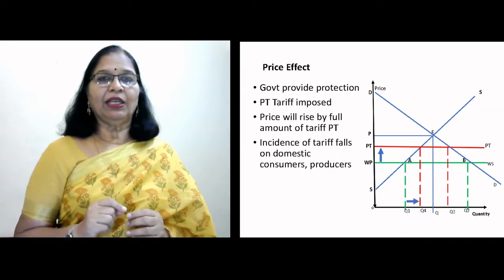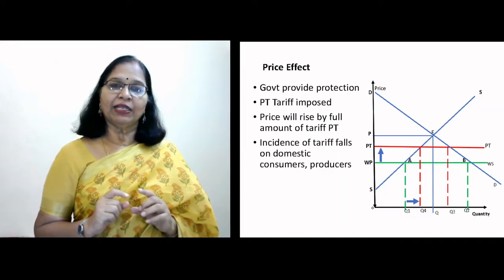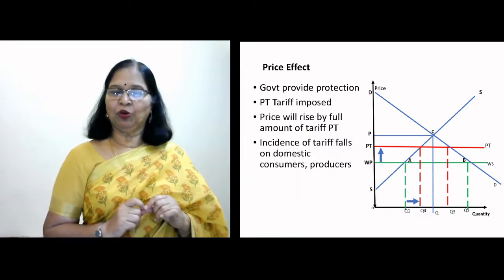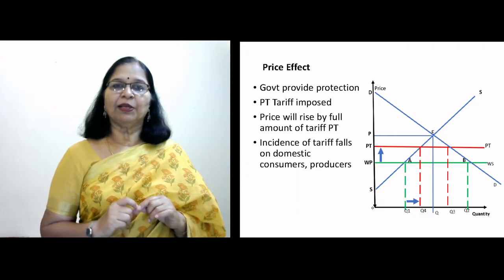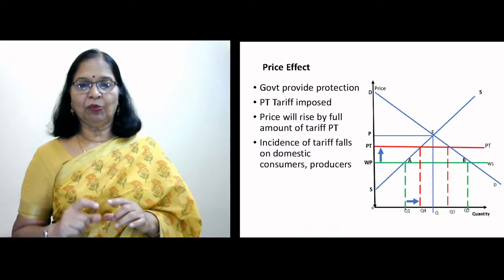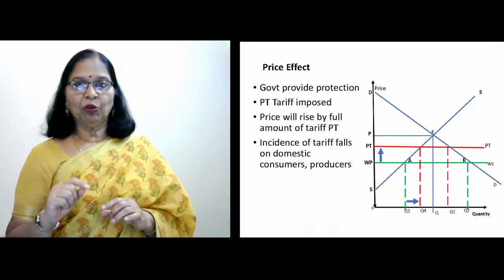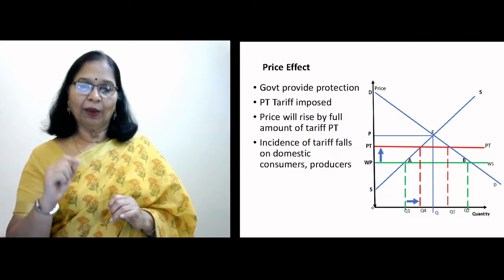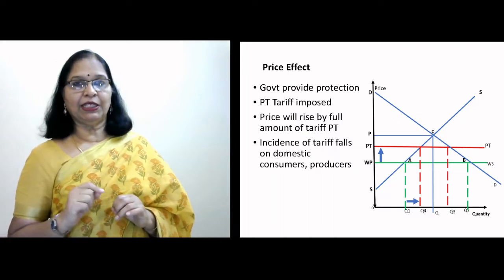Now PT, the arrow going up, is the amount of tax imposed on the imported commodity. In such a case, the price will rise by the full amount of WPPT. So the WP price, which was the free trade price, has now moved up to the red line, which is the PT price.